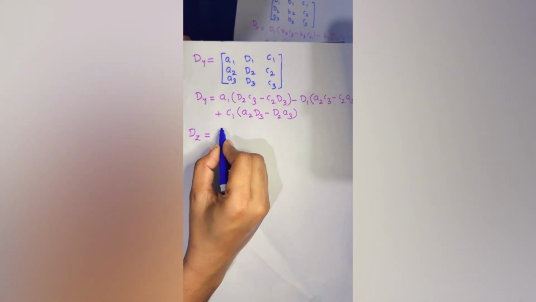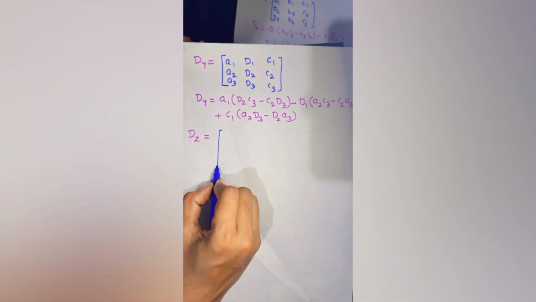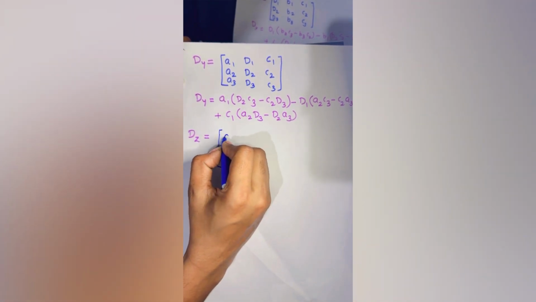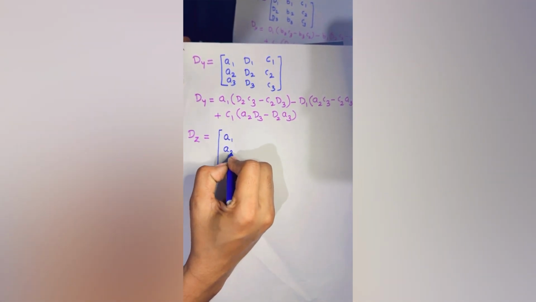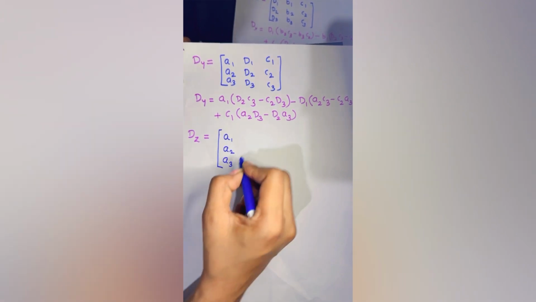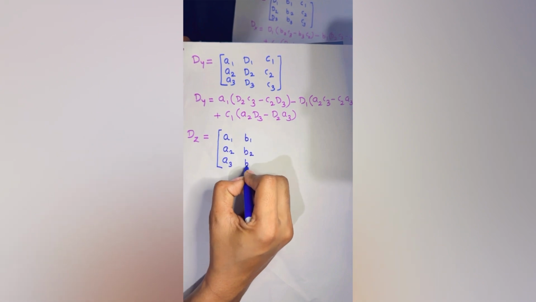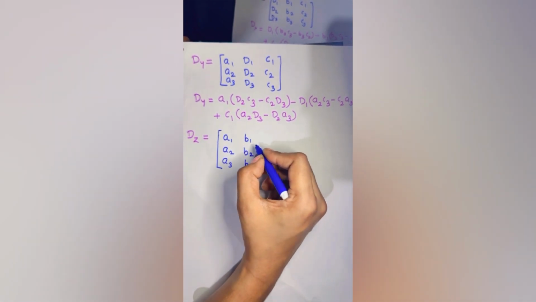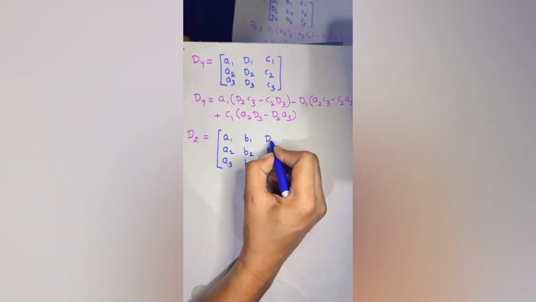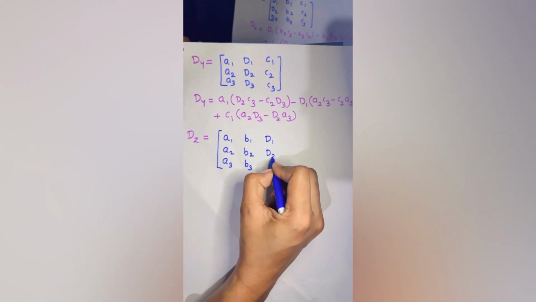Now in the same way calculate the determinant of z. How will you calculate it? Write down a1, a2, a3, b1, b2, b3, and in place of the z terms you write the constants, that is d1, d2 and d3.